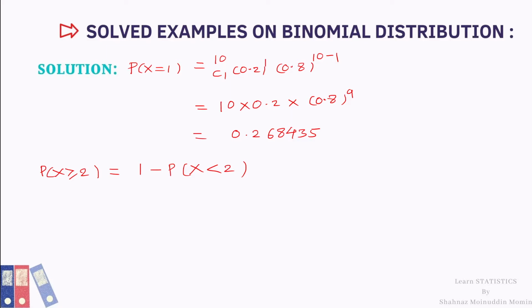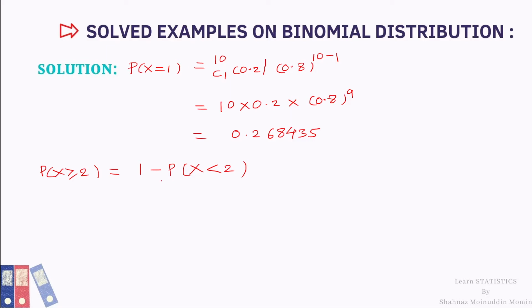One method is the theorem of complement of probability, and the other method is the regular usual method. Probability x greater than or equal to 2 is nothing but probability x equal to 2 or 3 or 4 up to 10. Means we have to calculate 8 probabilities in order to obtain probability x greater than or equal to 2. But while taking the second method, we have to calculate only 2 probabilities.